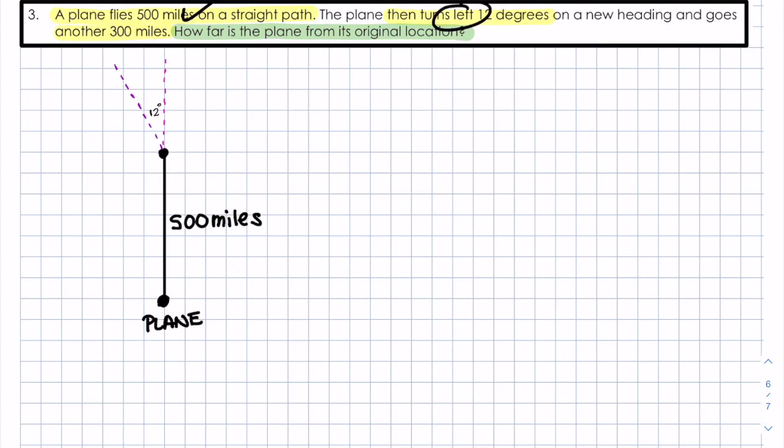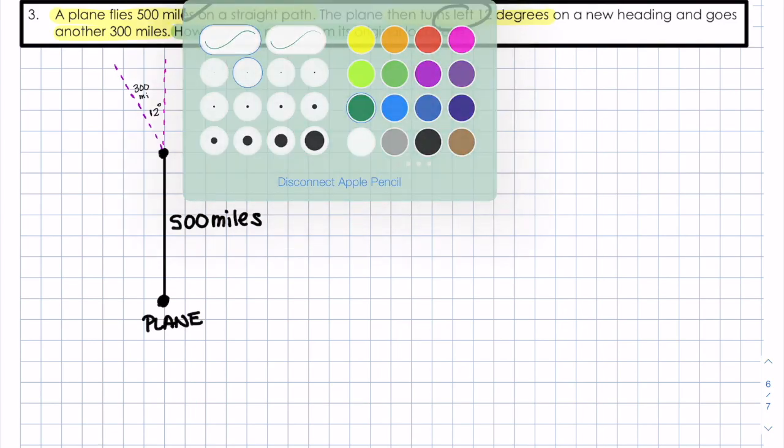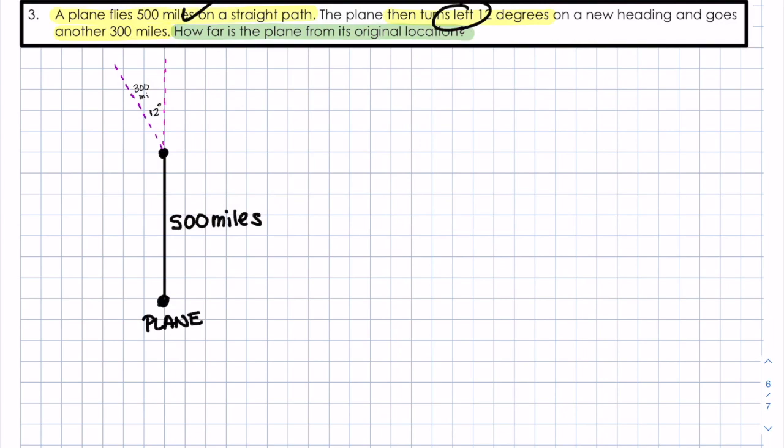And then it went another 300 miles. And then the question is, how far is the plane from its original location? So here's the starting point. Here is the ending point.